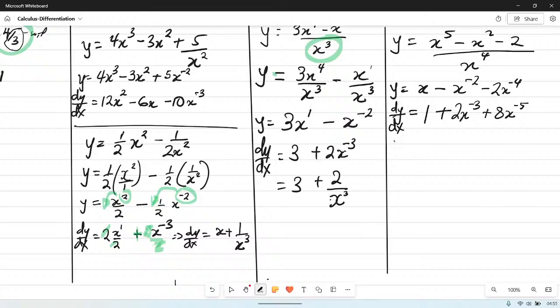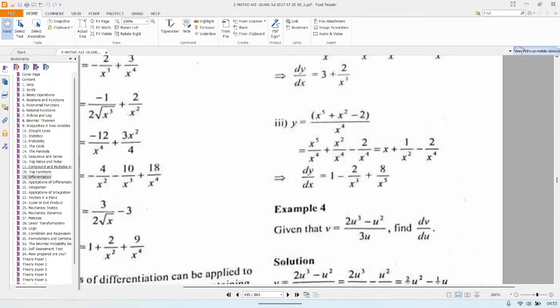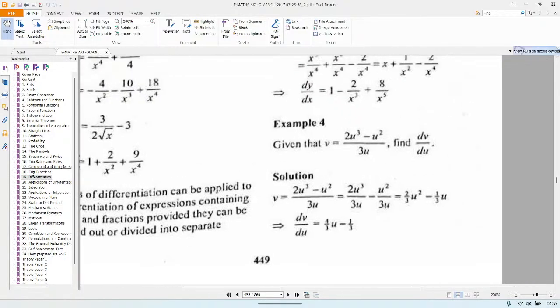Change them to fractions. Very good, very good. Excellent response. You're improving, I'm glad. You're welcome. So that's what we had over here. So from here, we come and use the quotient rule.